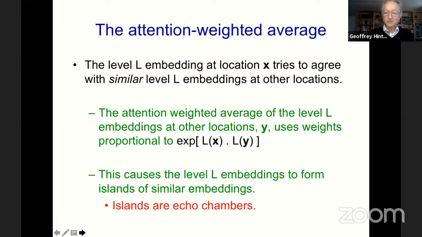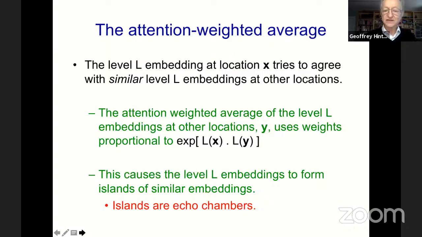You take its scalar product with the embedding vector at a nearby location Y, LY, and you weight those scalar products for all the various things in your context and normalize them, so the sum of the effects of all the things in the context is 1. Now you're going to pay a lot of attention to very similar embedding vectors and very little attention to very different embedding vectors. And that's how you decide your contextual influence.